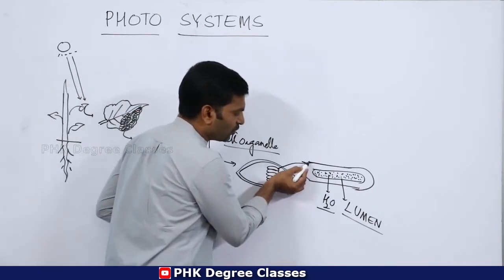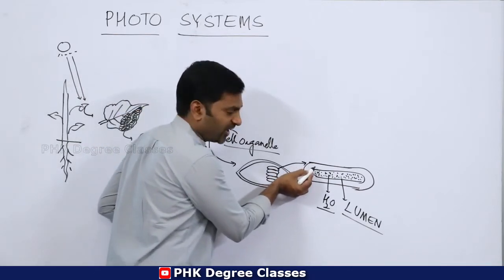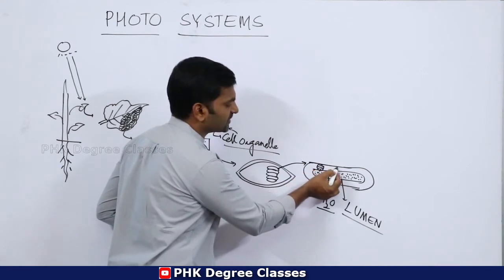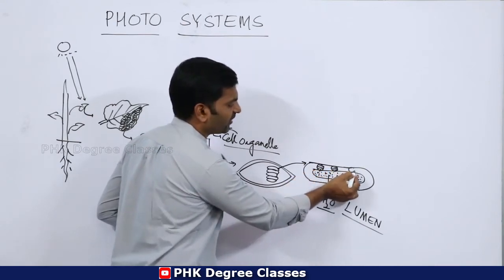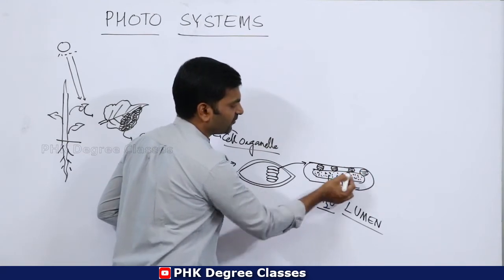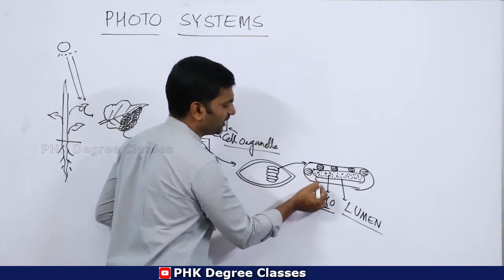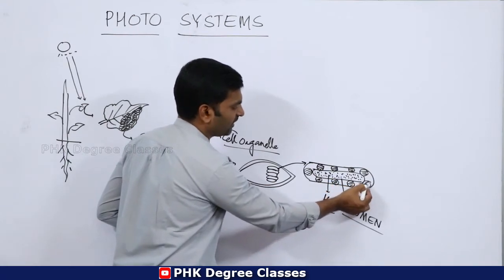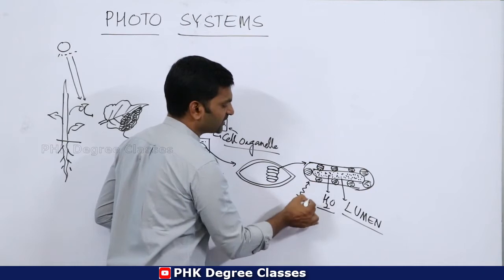This is the outer layer, this is the inner layer. In between these two layers, there are different kinds of systems. For example, if you see the diagrammatic representation, these are the systems. They receive sunlight.